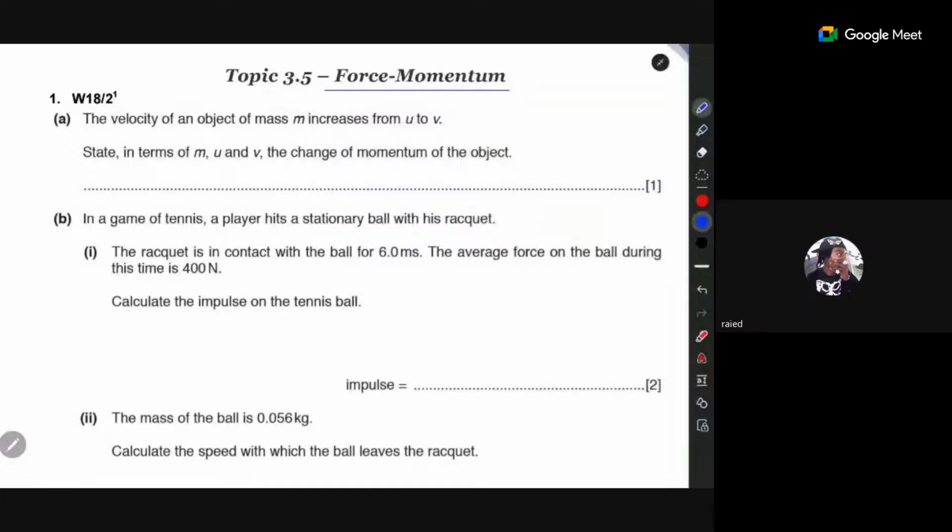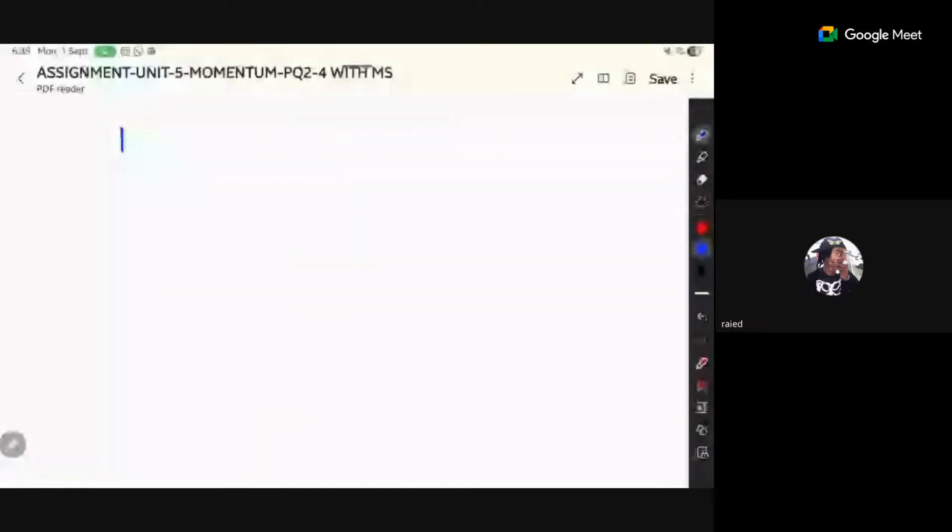That formula sheet means, first of all, I have to know momentum. That momentum is basically the product of mass and velocity. The second thing I have to know is that momentum is a vector quantity. Third, momentum changes its direction.